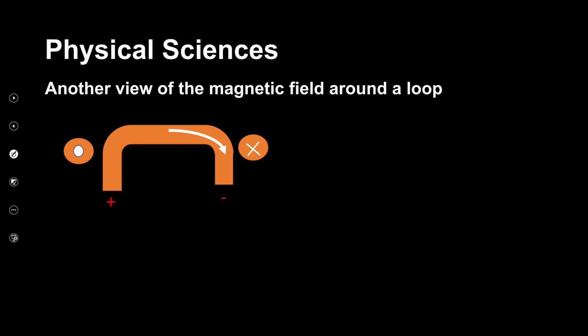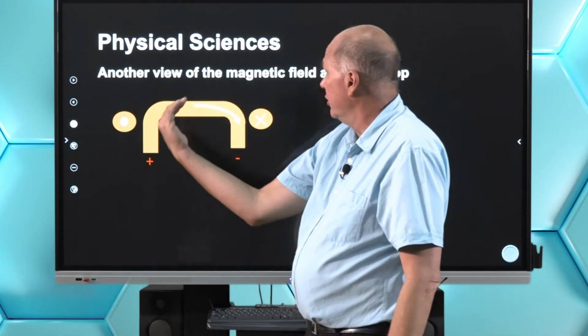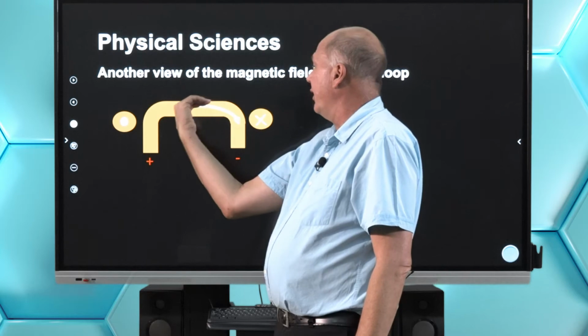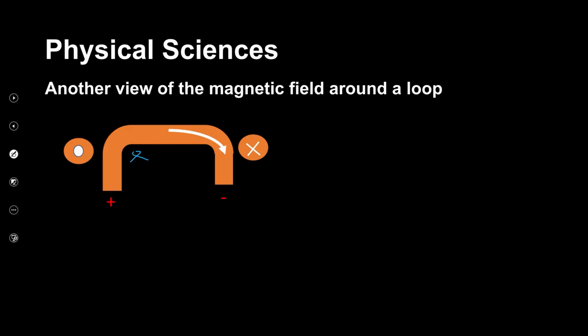The first idea that we had was to look at the side-on view, where we recognized, using the right-hand rule, the current is going in this direction, so we could draw little crosses going in over here to represent the magnetic field inside there, and on the outside they're little dots, and they're not as evenly spaced, and they're far spread out from each other. And in fact here, we said this was a south pole, because it looked exactly like the field line pattern of a magnet.